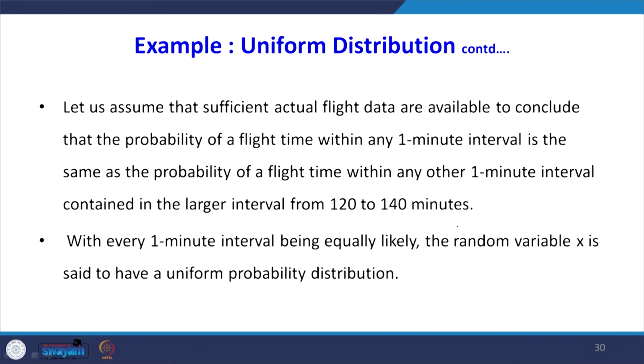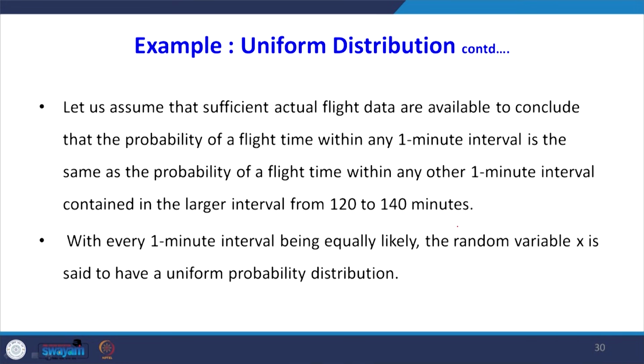Let us assume that sufficient actual flight data are available to conclude that the probability of a flight time within any 1 minute interval is the same as the probability of a flight time within any other 1 minute interval contained in the larger interval from 120 to 140.